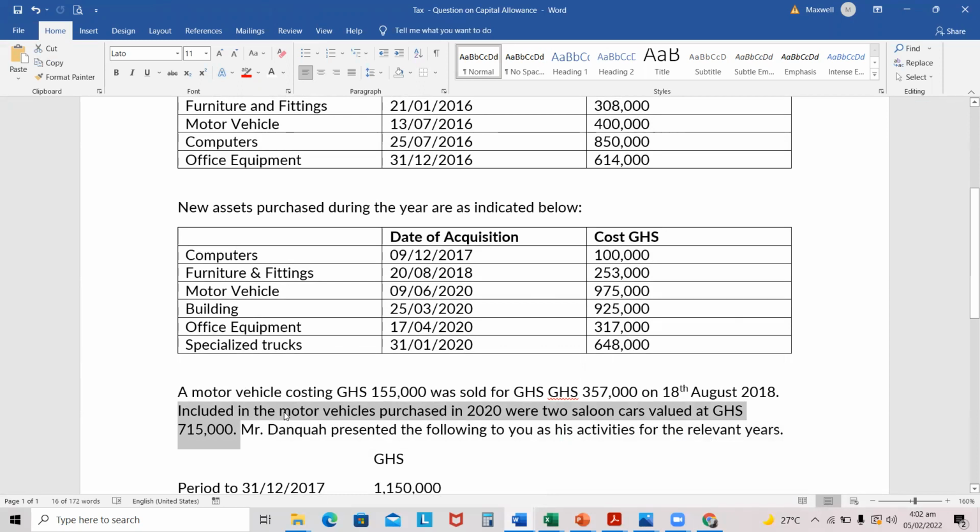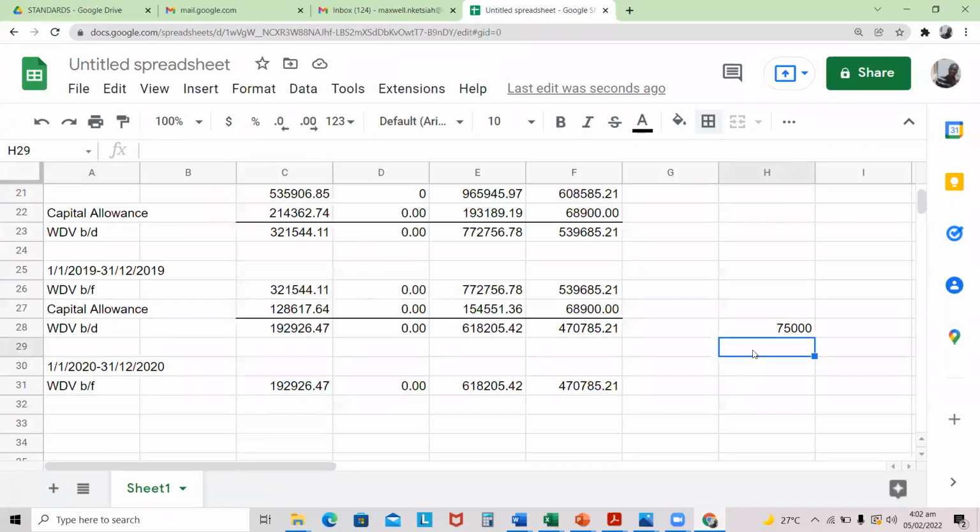And then we're told that they bought two. So it means 75,000 times 2. For the purpose of calculating capital allowance, the value that should be included in the calculation is 75,000 times 2, which is 150,000.